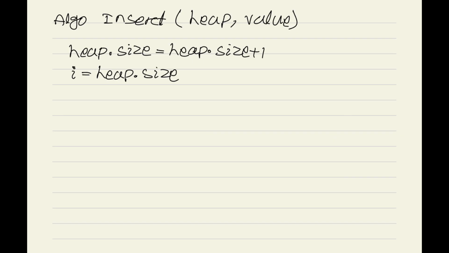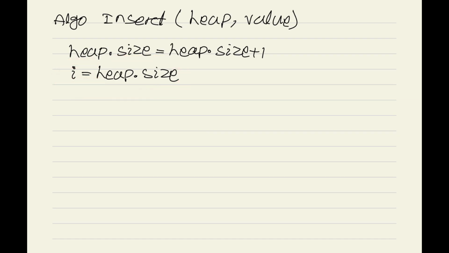So we have to assign the value that we want to insert at the last position. That means heap of I. So if heap is the existing array, we want to insert the element that is value at the last position. Last position means at index I, because I is the index after incrementing the heap size.